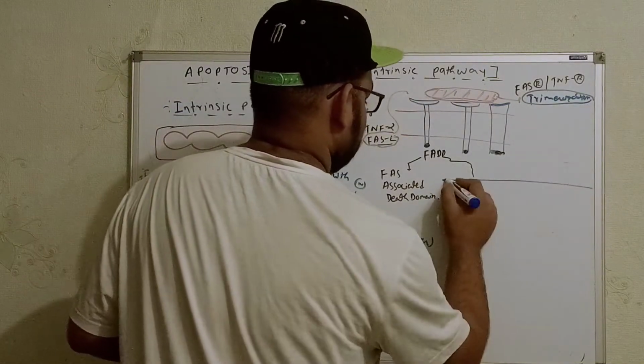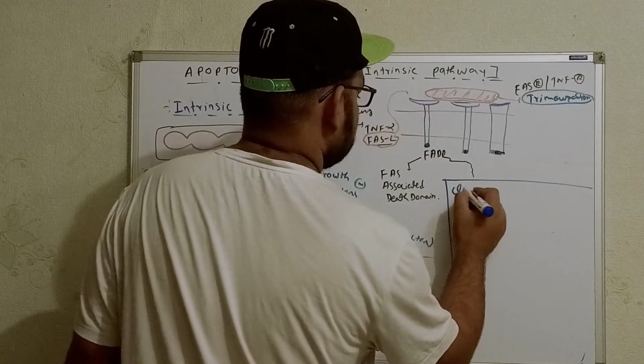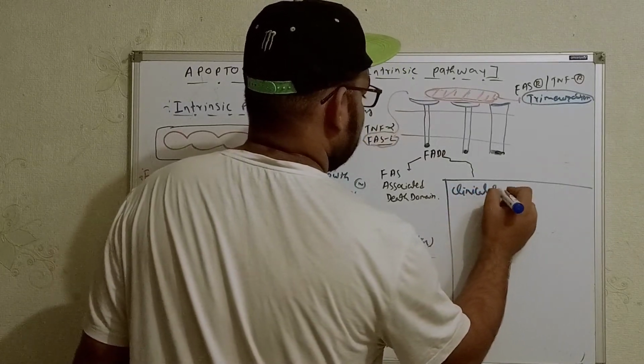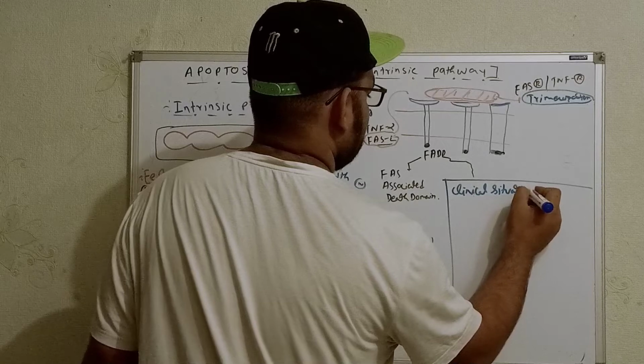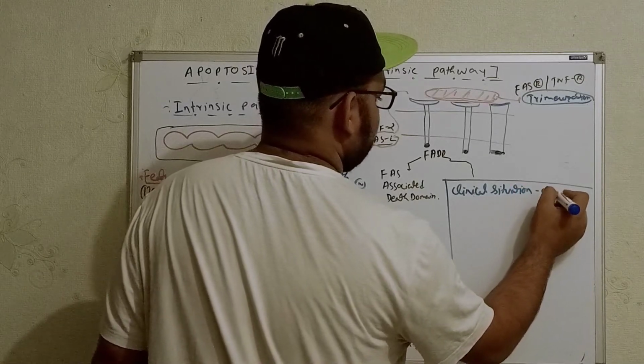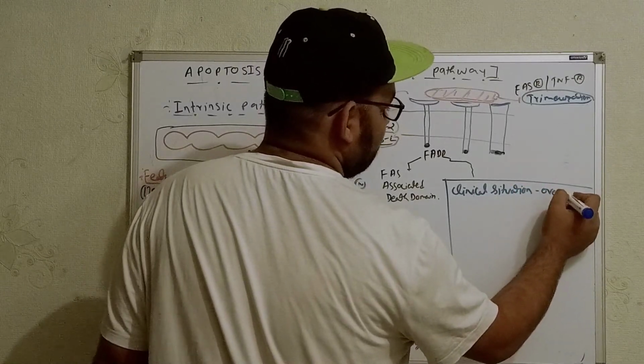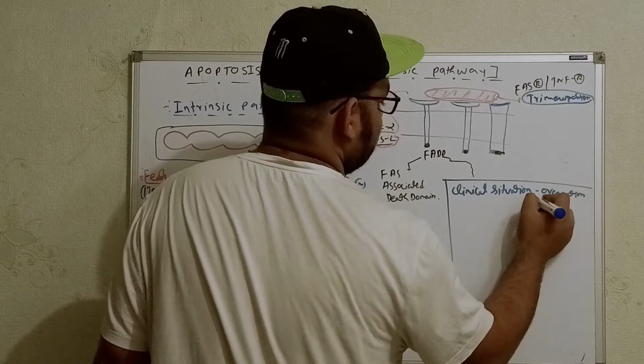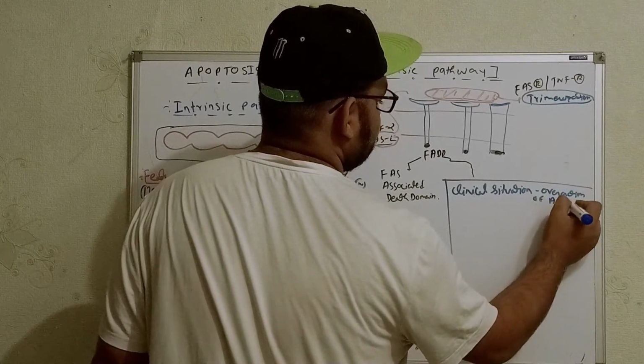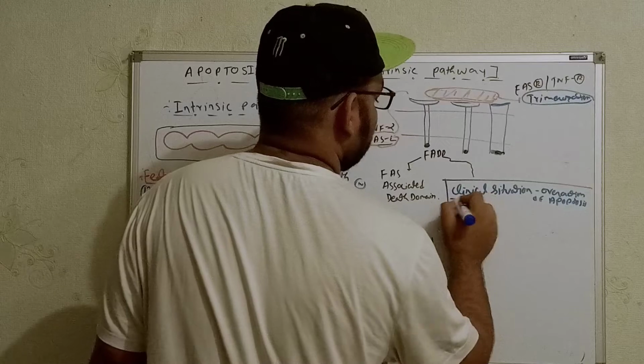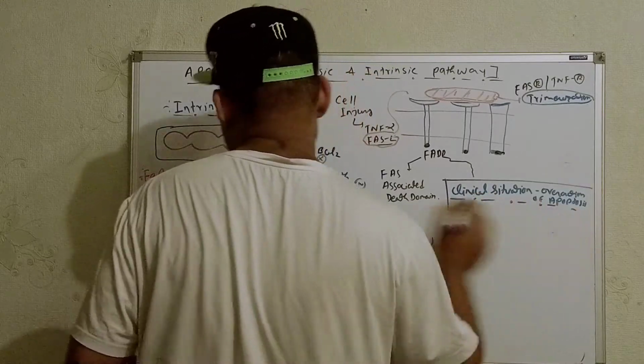So the clinical situation for overaction of apoptosis: where we will get more apoptosis, where we will get less apoptosis.